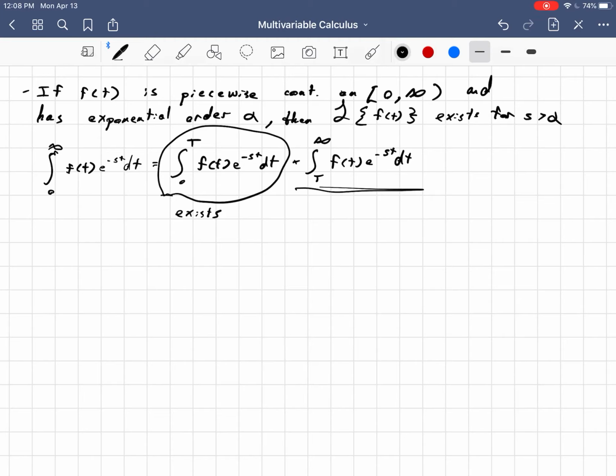So that first integral exists. It does not diverge. Now for this second integral, what I can use to show its convergence is an integral comparison test, similar to a series comparison test maybe in Calc 2.